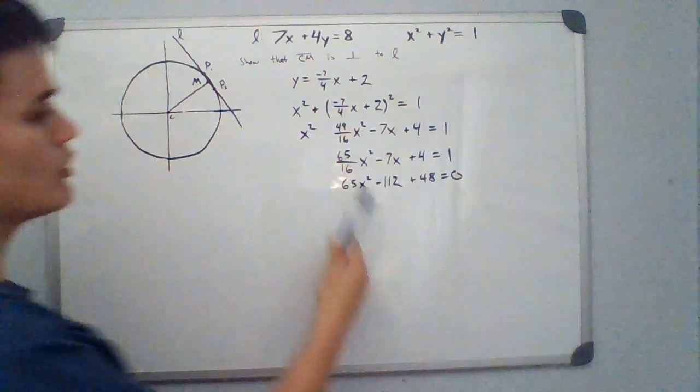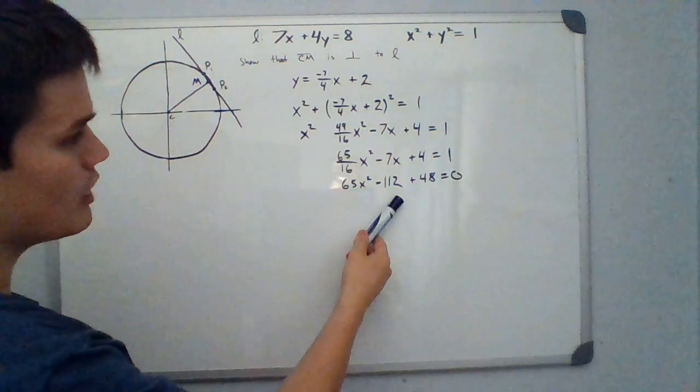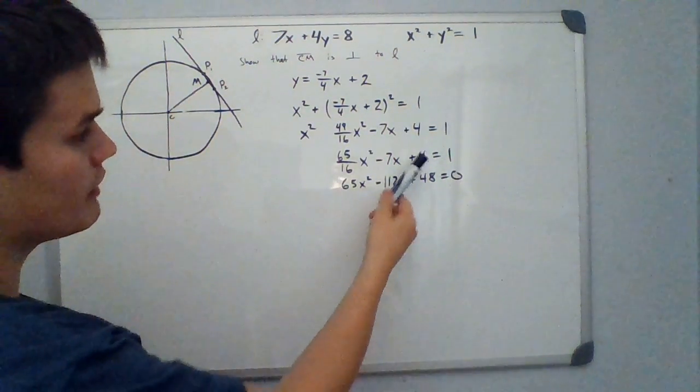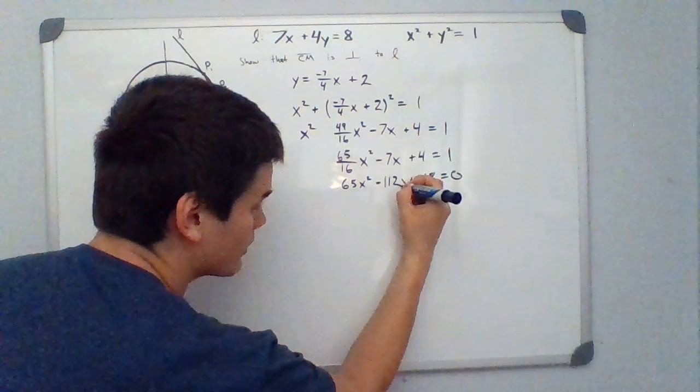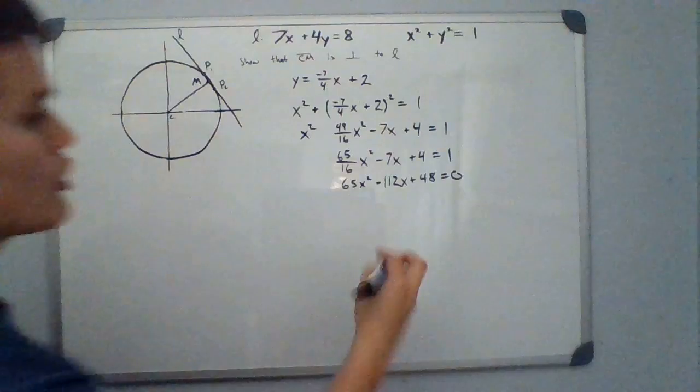Alright, so 7 times 16 is 112, and 4 times 16 is 48. So I just put this in this form here. Oh, there's an x right there. Okay, and then we're going to use our quadratic formula.